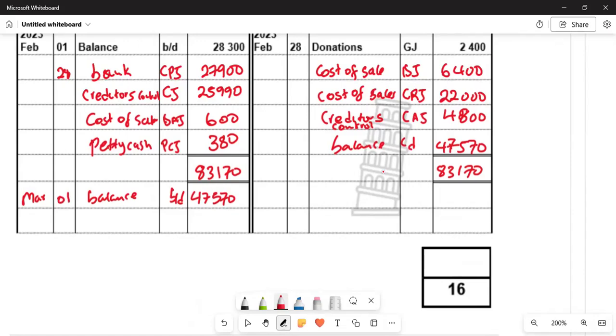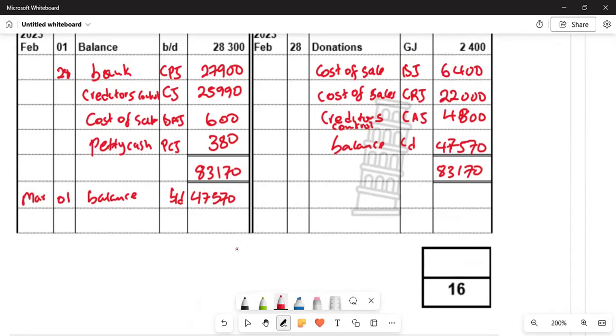So the key rule under this trading stock: make sure that trading stock increases on the debit side when we purchase, or when goods are returned by customers. But it decreases on the credit side when we sell or return to suppliers.